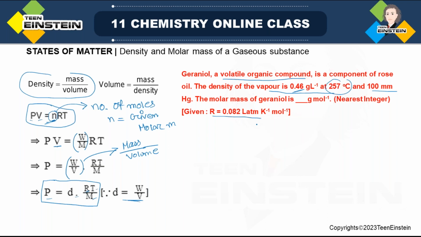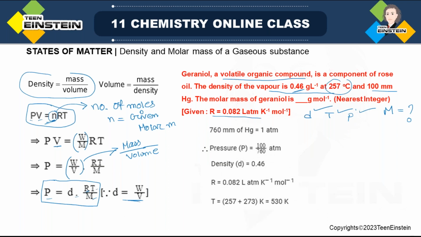R value is given in liter atmosphere per Kelvin per mole. So here density is given, temperature is given, pressure is given, and the R value is already known. We have to find out the molar mass, that is capital M. So we will use the previous equation that we have just seen.